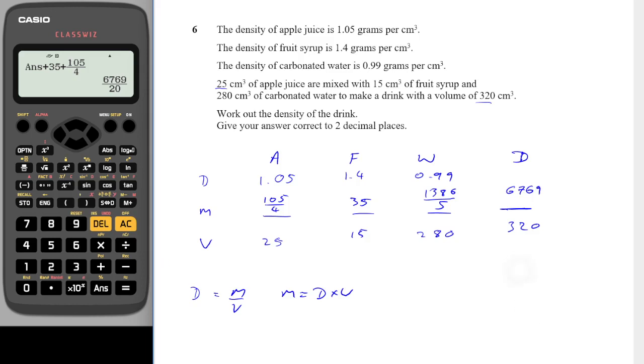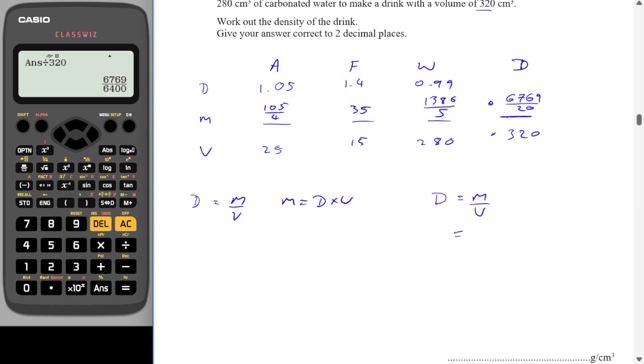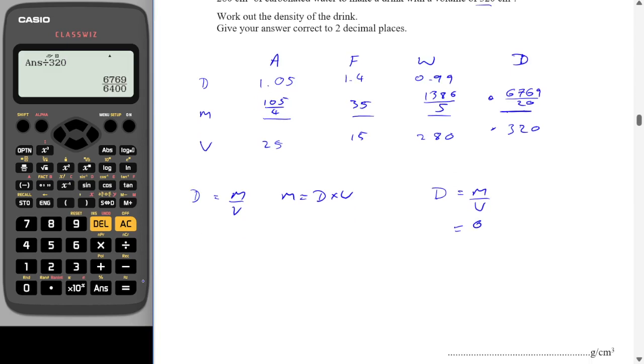So we've got a total mass of 6,769 divided by 20. So the density of this liquid is going to be equal to the mass divided by the volume. So I'm just going to type it in like that rather than write it, because I've got the two values there and there. So the mass that I've got divided by 320. As a fraction, that's going to be 6,769 divided by 6,400.